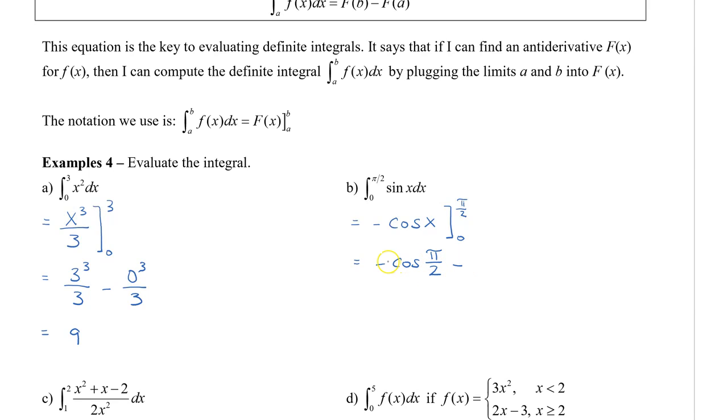Then we have minus and negative, so it's going to be plus cos 0. So negative cos pi over 2, if you think back to the graph of what cos looks like, at pi over 2, cos is 0. And then cos 0 gives us a y value of 1. So we have 0 plus 1, which equals 1.